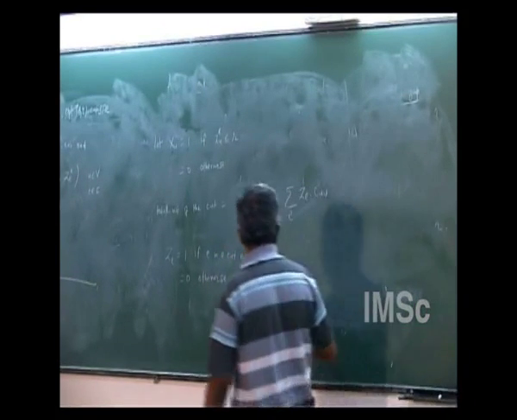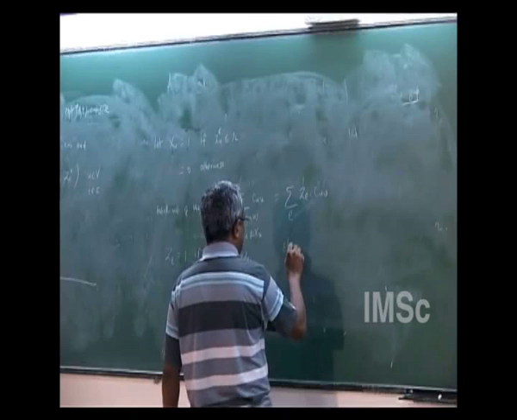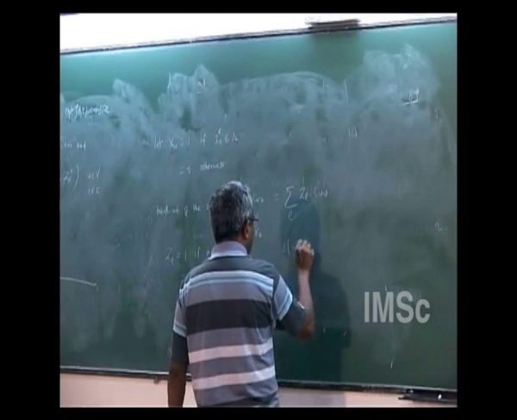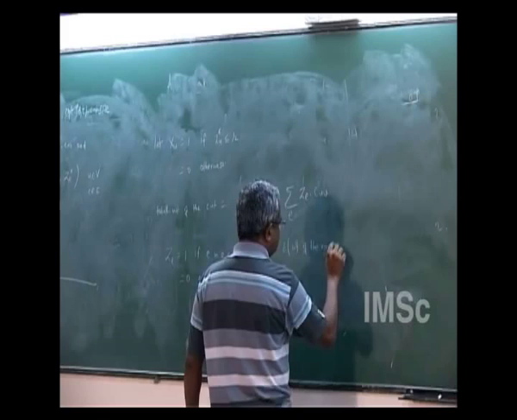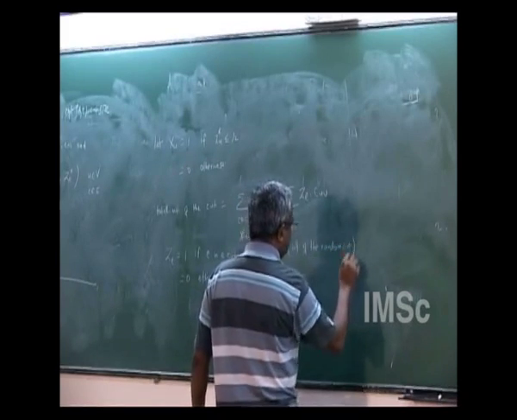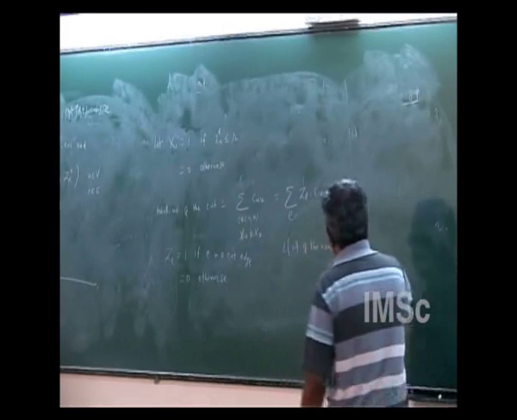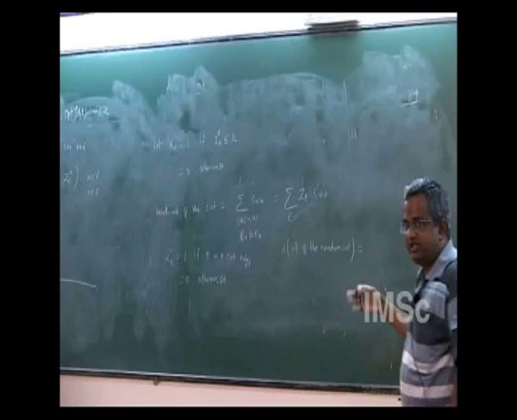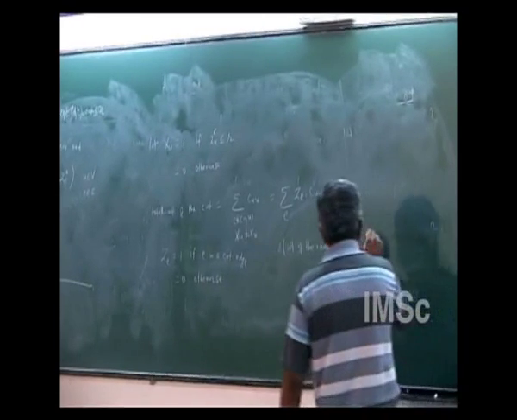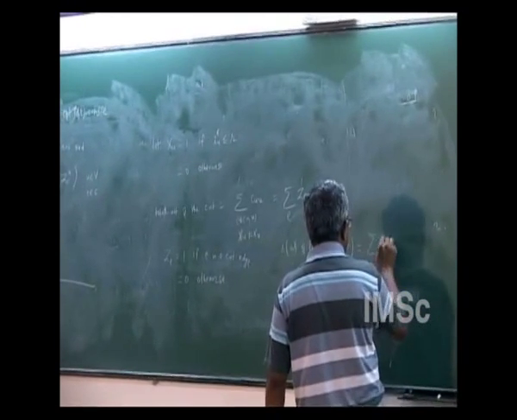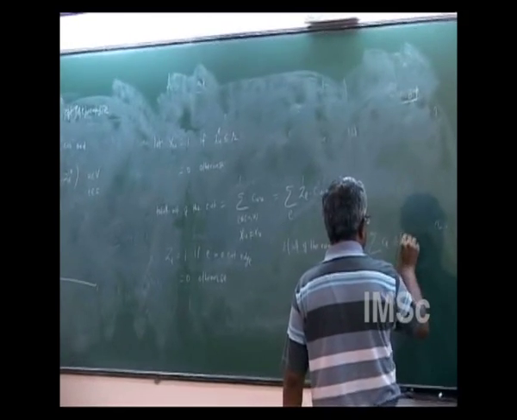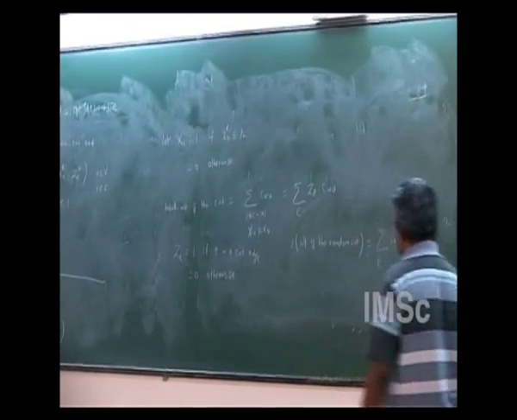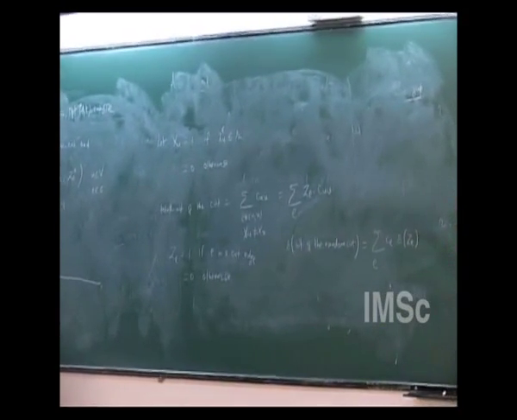Now what is the expectation of this total weight of the random cut? It is the expectation of this summation, which by linearity of expectation can be reduced to the sum over e of C_e times the expectation of Z_e.